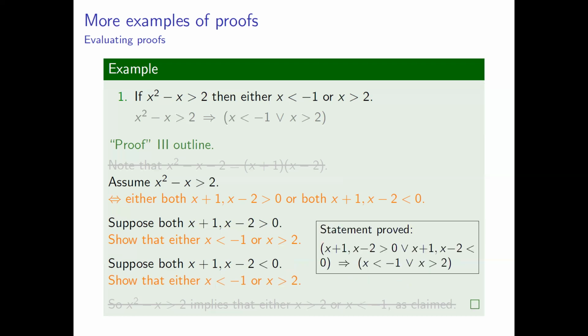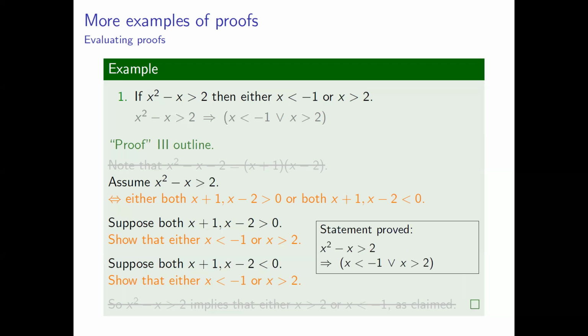Based on the outline, the statement proved in the second and third paragraphs is the conditional statement: if either both x plus 1 and x minus 2 are positive, or both x plus 1 and x minus 2 are negative, then either x is less than minus 1 or x is greater than 2. By the argument in the first paragraph, the antecedent of this conditional statement is equivalent to the condition x squared minus x is greater than 2.